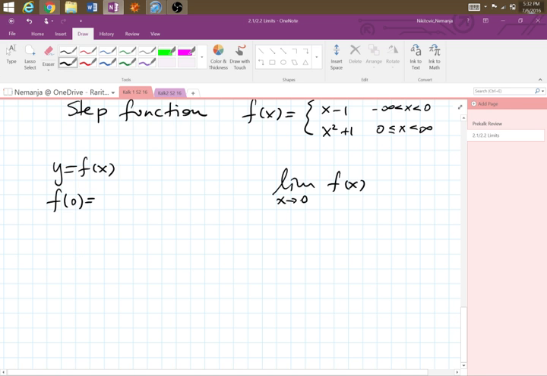So we get to draw the same graph again, because it's the same function all the time. We have x minus 1, so minus 1 is the y-intercept, and we actually have to put the open circle there, because that is not included. If you look at the domain, you get to draw x minus 1 on the left side of the y-axis.